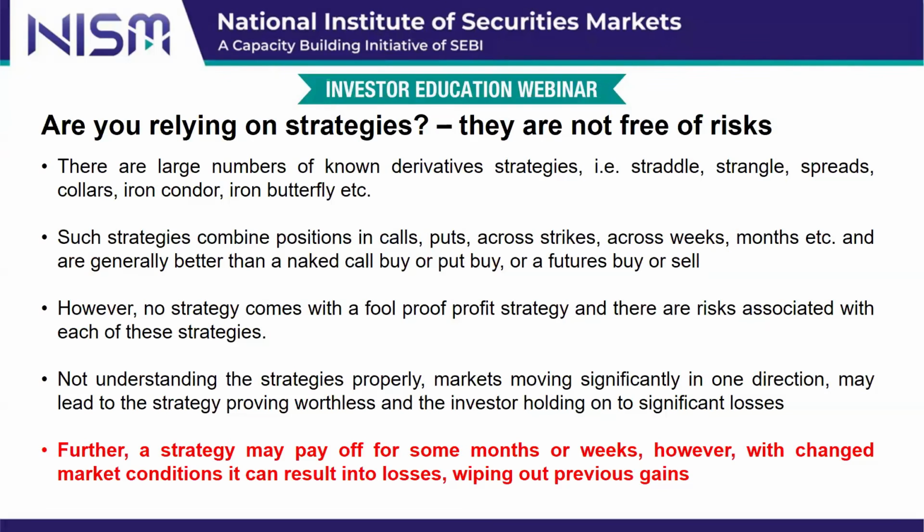But they do not come with a 100% guarantee. No trade, no transaction can give you a 100% guarantee, is my feeling. So there are risks involved even if you apply these kinds of spreads and other types of strategies.